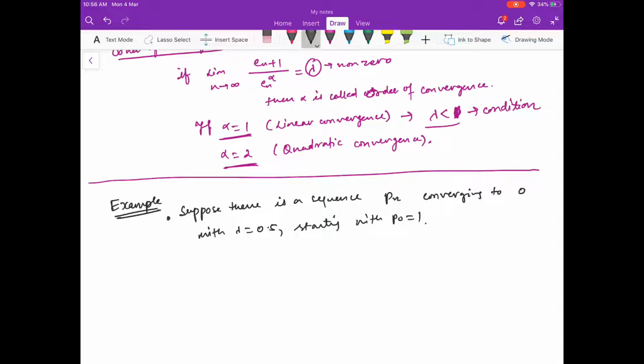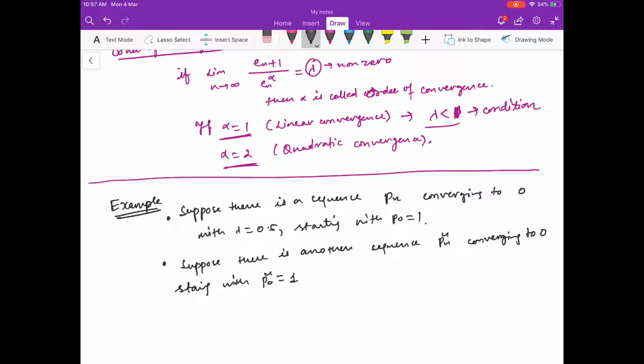And suppose there is another sequence Pn tilde converging to 0, starting with P naught tilde equal to 1 and lambda equal to 0.5. Same. So let us write down these two sequences.